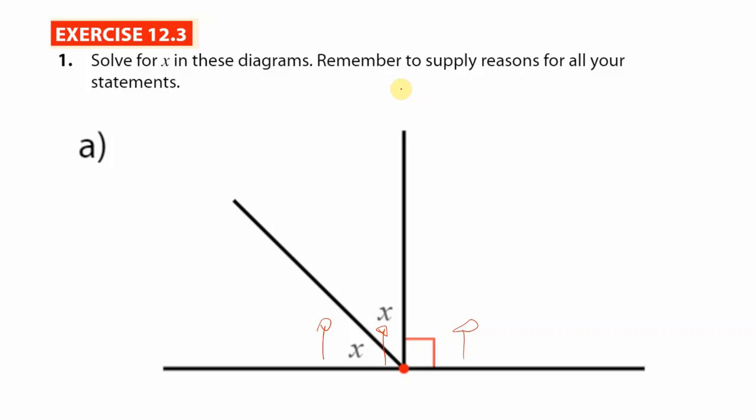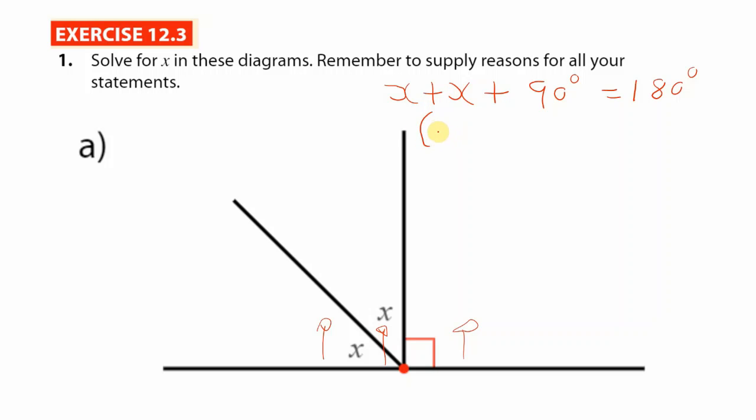So our statement will in fact be that x plus x plus 90 degrees equals 180 degrees. Whenever we make a statement, we need a reason.